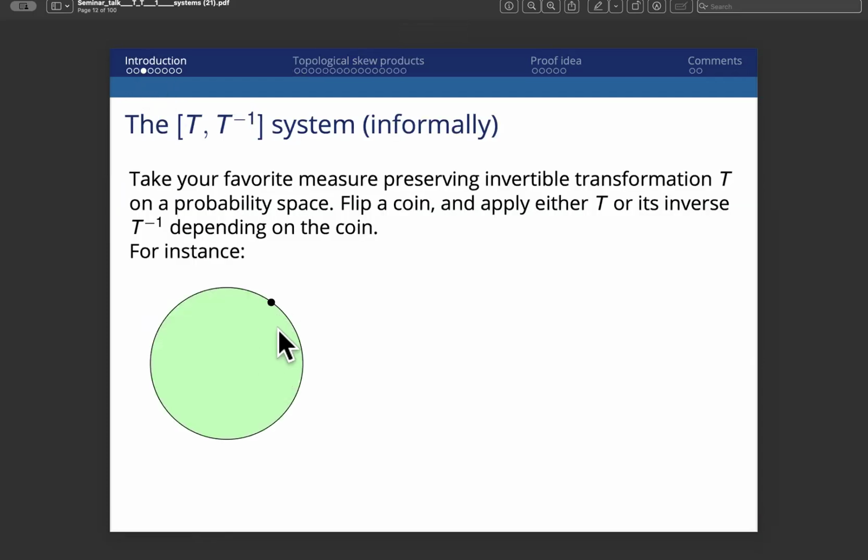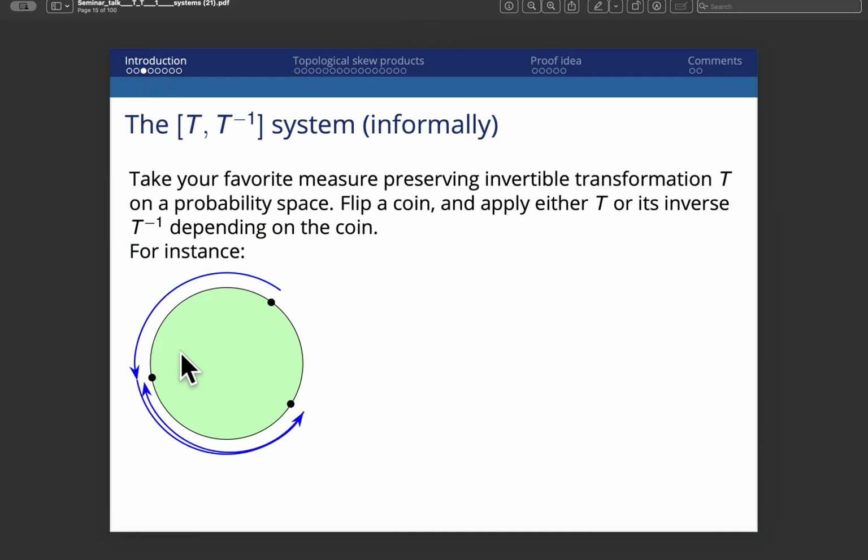So here, let's think of the word 1, 1, minus 1. We first apply T, this means 1, then another 1, and then minus 1.